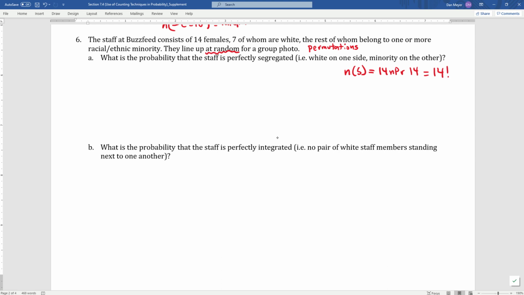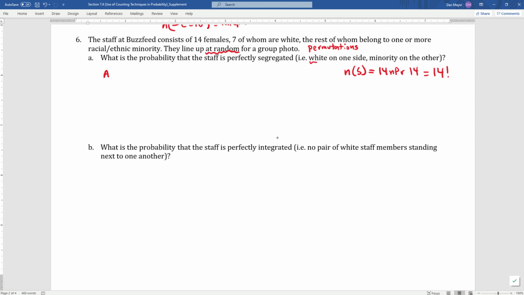But our event here, event A, is a permutation with restrictions. In this case, the restriction is that all the white staff members have to be on one side of the picture and all of the minority staff members have to be on the other side. So that's the restriction here.